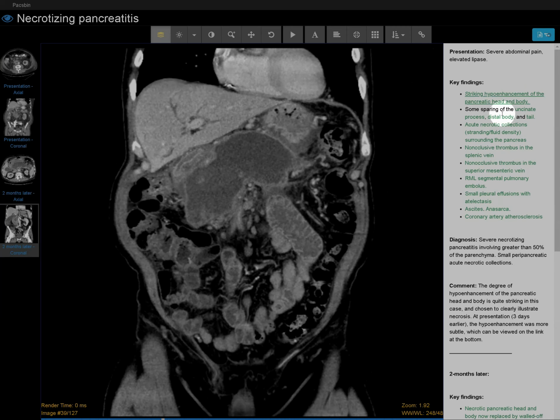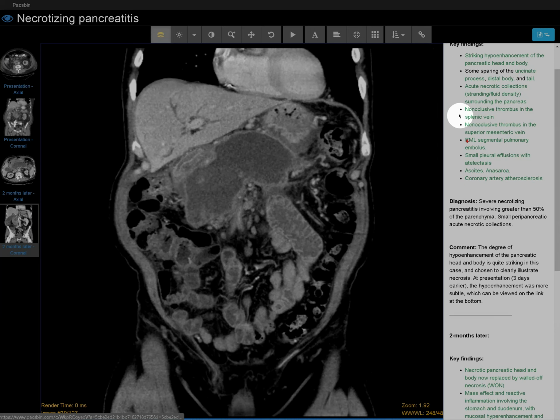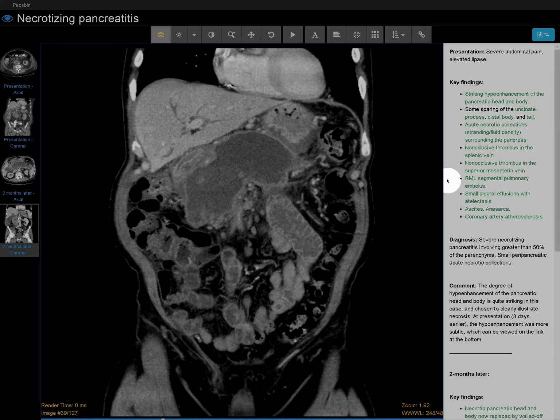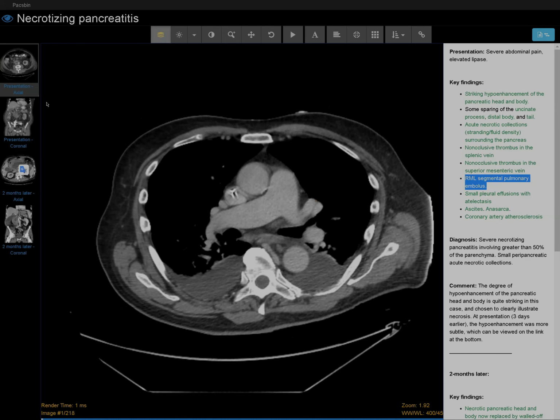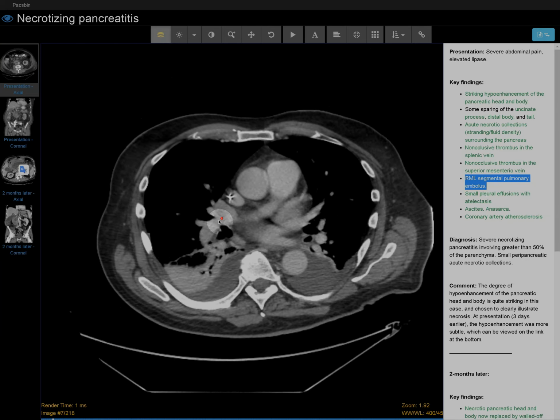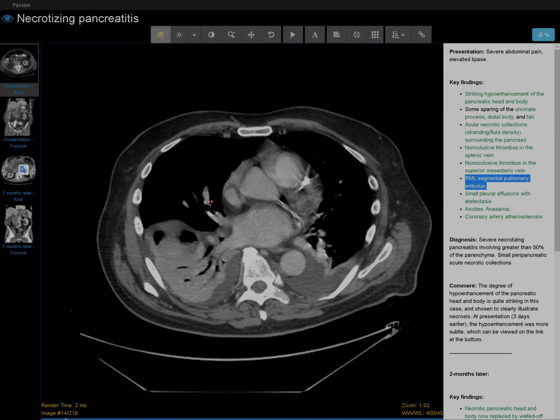Let me look at a cheat sheet to see what other things I was supposed to find out. So there's a pulmonary embolism here on the initial presentation. If I follow the pulmonary artery out here, there's a pulmonary embolism. Superior mesenteric vein, we saw that. Splenic vein, we saw that.